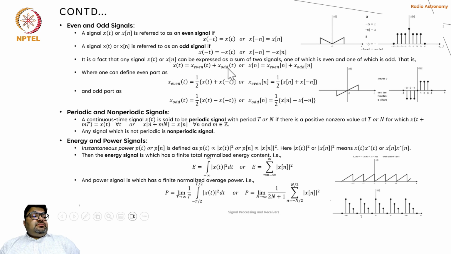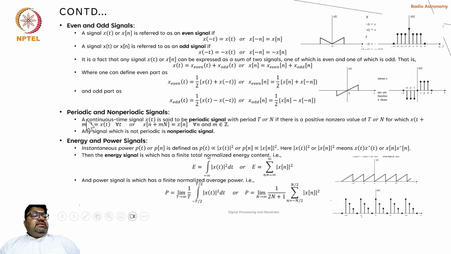So, in general, they are characterized by a sum of odd and even signals. One can define the even part as half of x(t) plus x(-t), and in this case x(n) plus x(-n) over 2, and similarly the odd part.